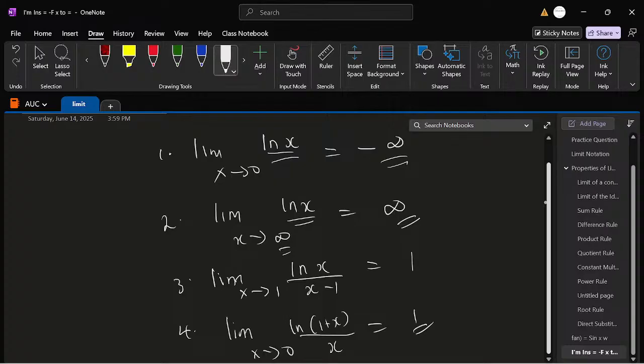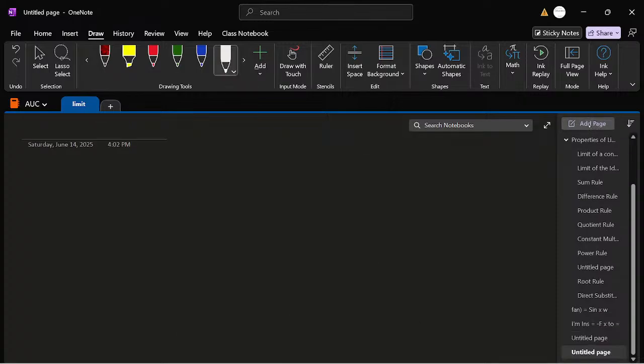Okay, so let's look into the exponential function. So you have the limit as x approaches infinity of exponential x. The limit will be equal to positive infinity.